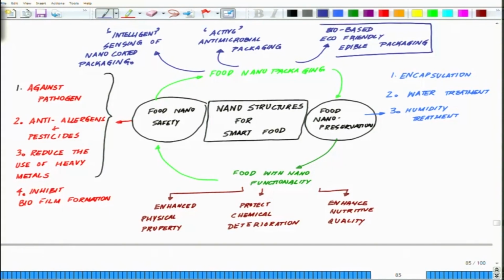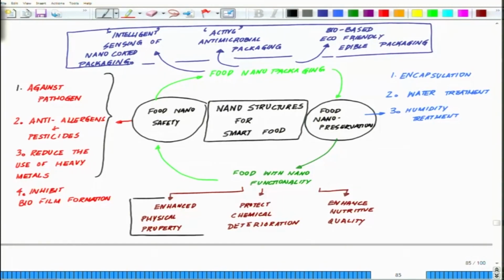So there could be many more of these, but these are the key attributes expected from these kinds of modifications by encapsulation, water treatment, and humidity treatment of the food.